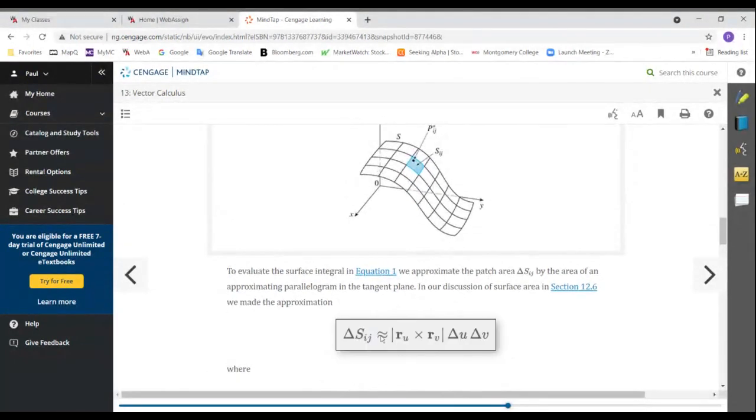If you think about the area of the ijth patch, you can approximate it with a parallelogram. The parallelogram has two tangent vectors at a point that create it, one going in the u direction, the other going in the v direction.